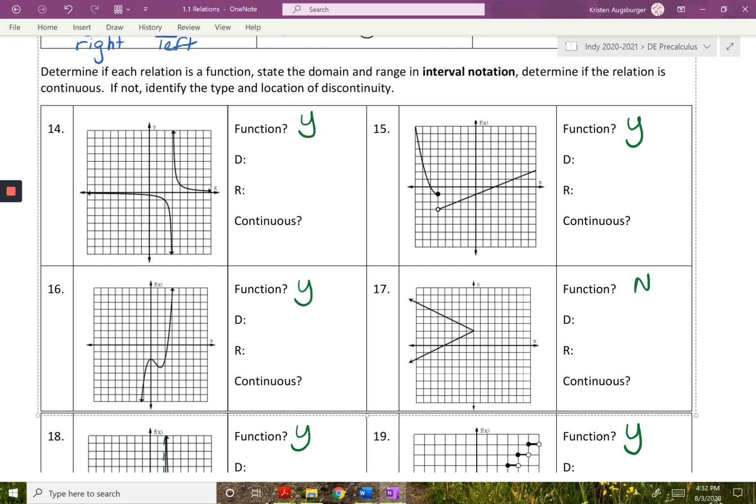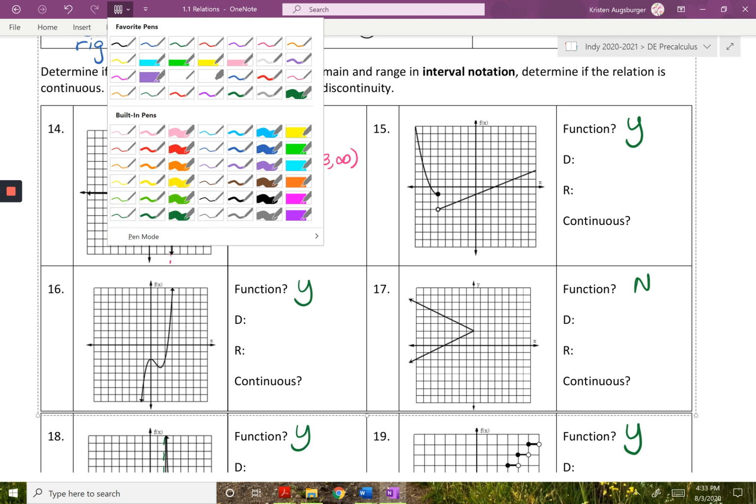Kind of nice and easy to write. The domain for this guy, far left, goes all the way from negative infinity to positive infinity.